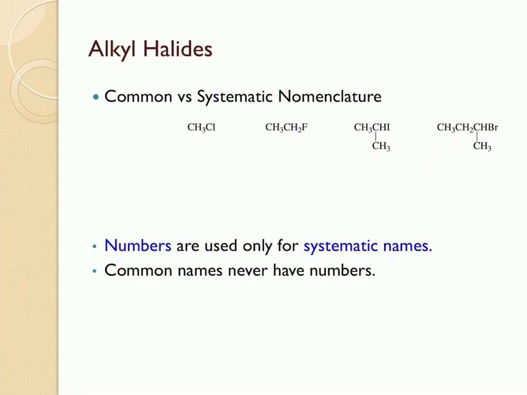Common names versus systematic nomenclature. The common name for an alkyl halide is simply the alkyl group followed by the halide. Say, for example, this is derived from methane, and after replacing one of the hydrogens with a chlorine, it should be called methyl chloride. Likewise, this is called ethyl fluoride.